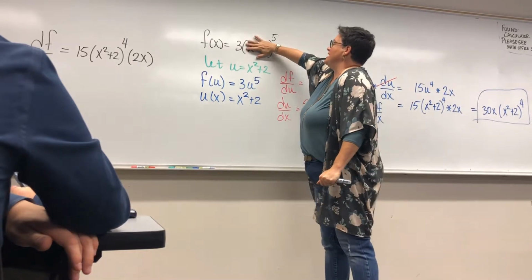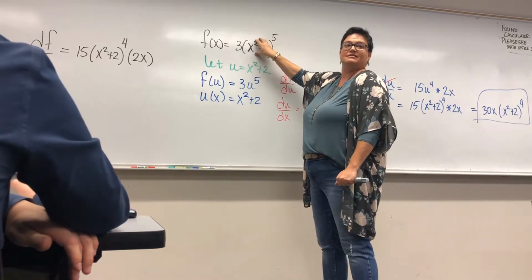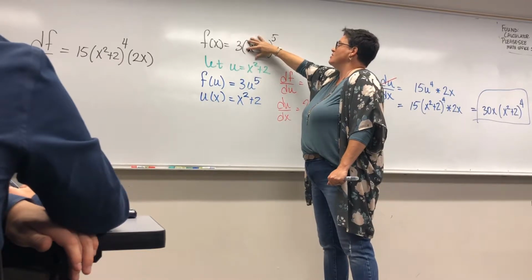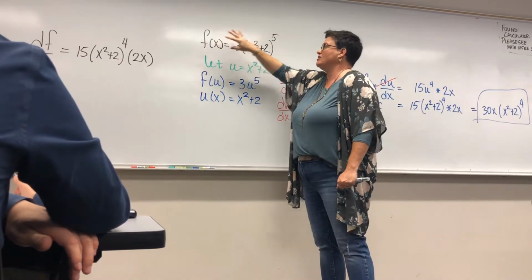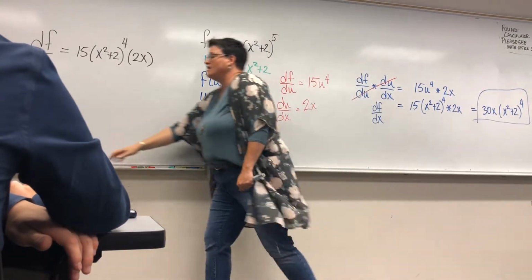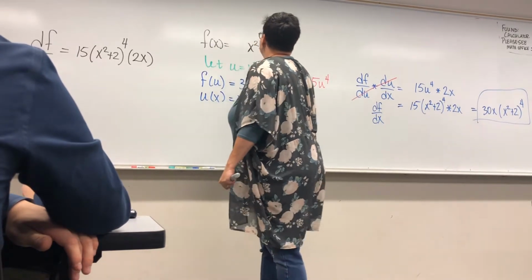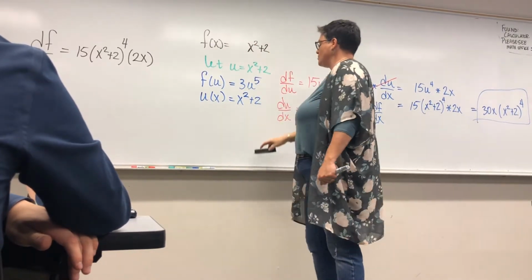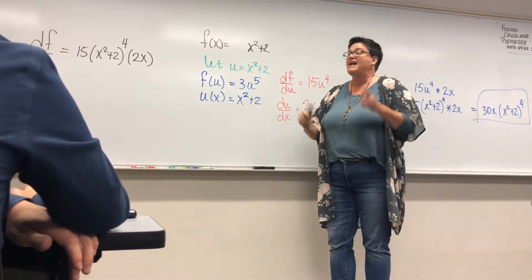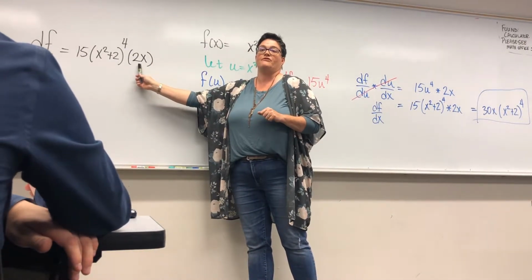So when I'm working with the outer stuff outside of the parentheses, I'm not gonna mess with this, so that's just gonna get carried along for the ride. So when I take the derivative of 3 jump to the 5th, I'm gonna peel that stuff off until I'm left with what's inside of the parentheses. And then I take the derivative of that. And that's where that came from.